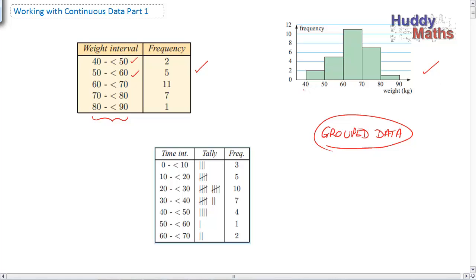Please note that when it's continuous data, all the columns butt up against each other. Technically, if it's discrete data, there should always be a gap between the columns, indicating that. So if you have 40 up to 50, and then this would be 51, etc. Okay, so really, we might go 41 to 50, 51 to 60.